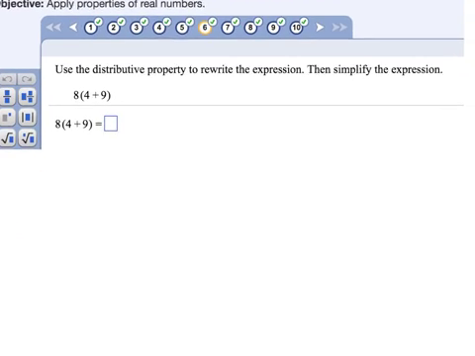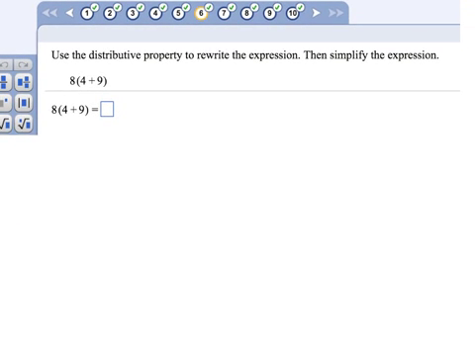Now use the distributive property to rewrite the expression and then simplify the expression. So I'm not sure what we're supposed to put right here, if we're supposed to just put the answer. But anyway, the distributive property means, you remember that this number, 8, means 8 times the quantity 4 plus 9.